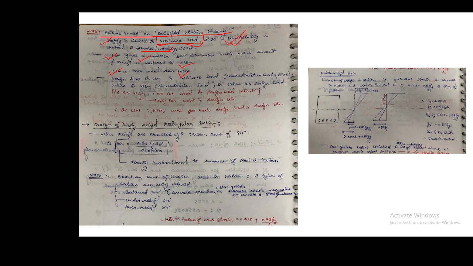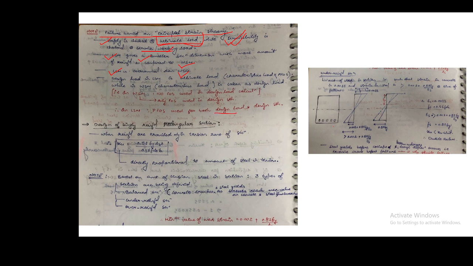The design load in LSM is the ultimate load, the characteristic load times the factor of safety, while in WSM the characteristic load is taken as the design load. In WSM, no factor of safety is applied for the load calculation, only for the design strength. In LSM, the factor of safety is used for both design load and design strength, right?